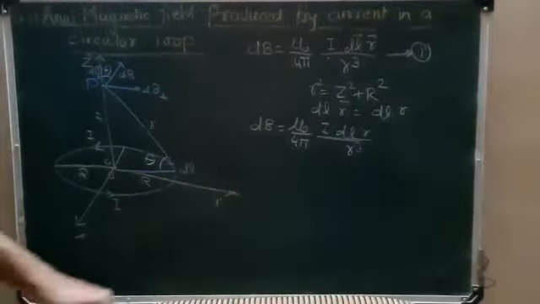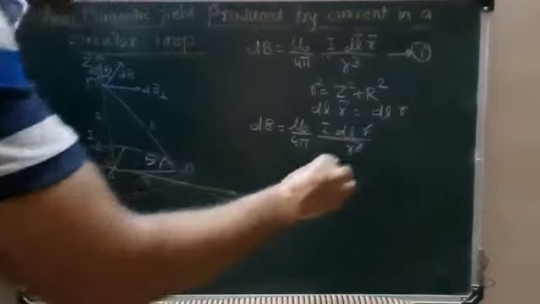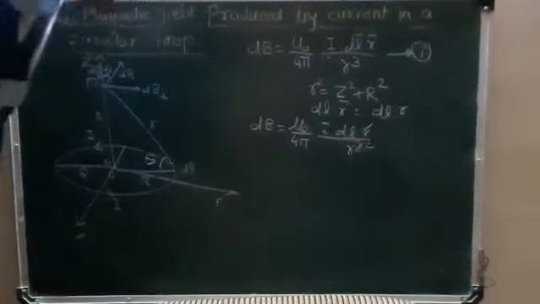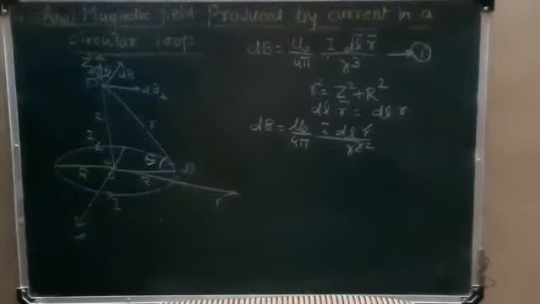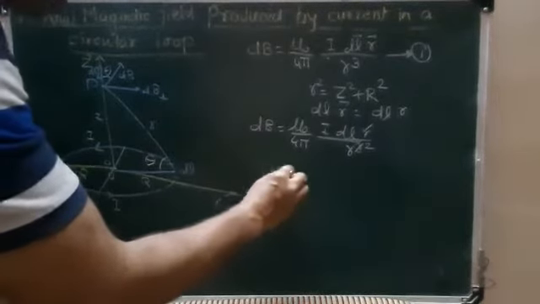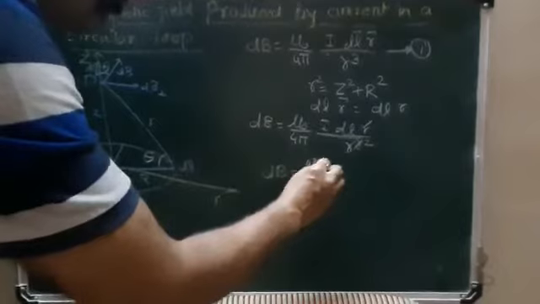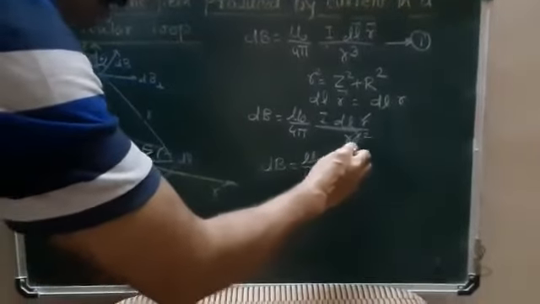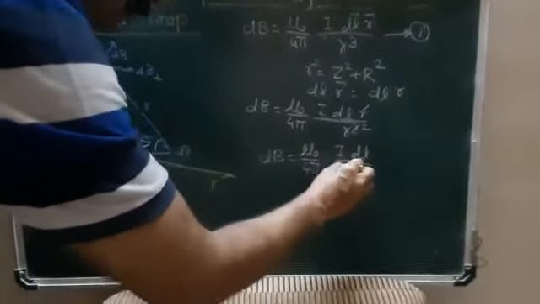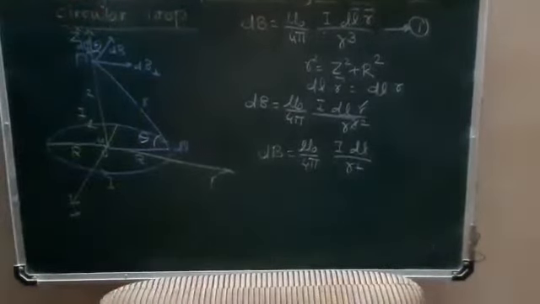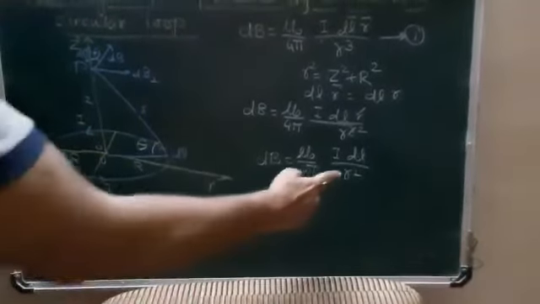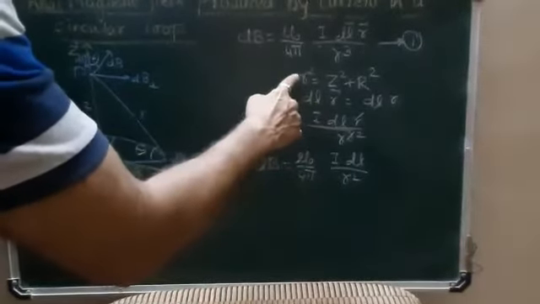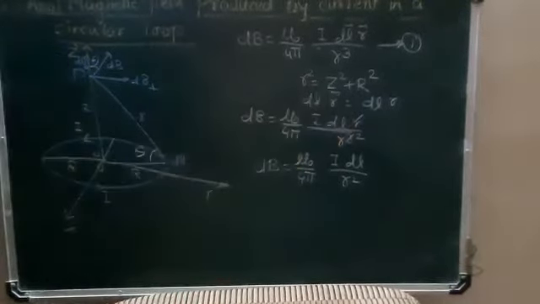Now, from this equation, one r will get cancelled, and here we get r square. Then the equation becomes dB equal to mu 0 upon 4 pi, I dl upon r square. Now, instead of this r square, we substitute r square equal to z square plus capital R square.